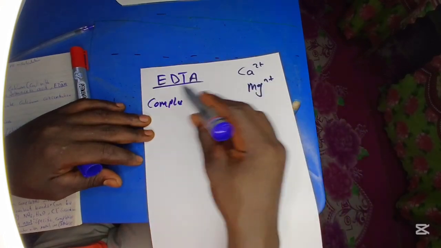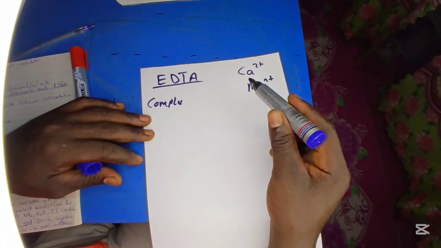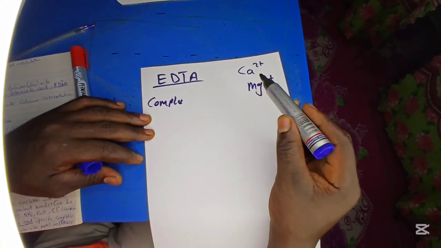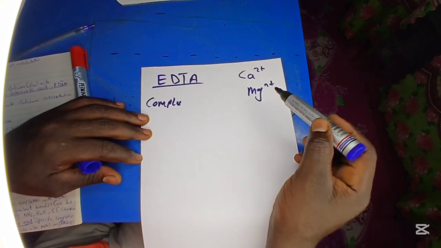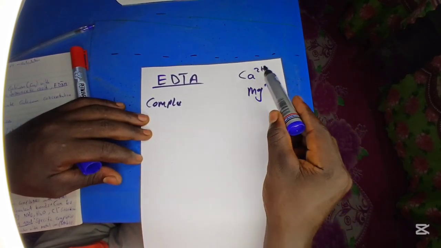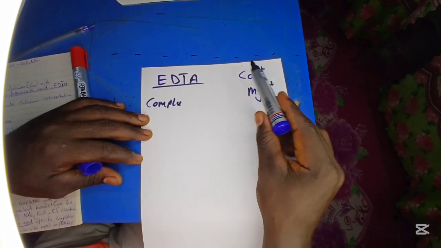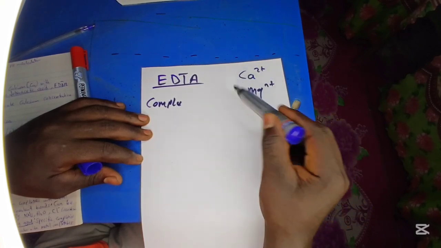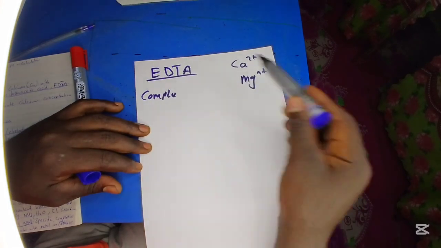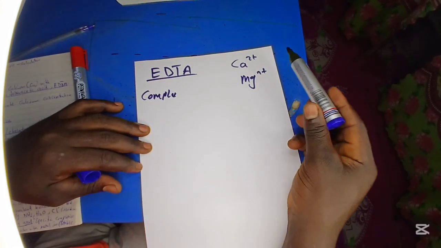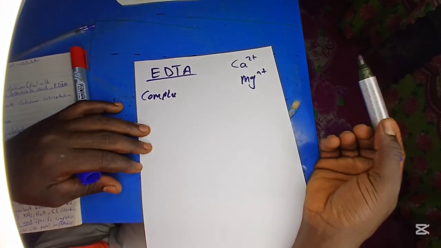This is usually applied to determine the hardness of water, because we know that Ca2+ and Mg2+ are the things that cause hardness of water. So it's applied to determine the concentration of calcium ion and magnesium ion in a given solution.